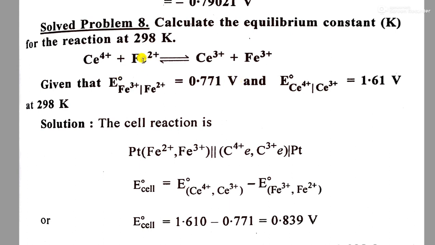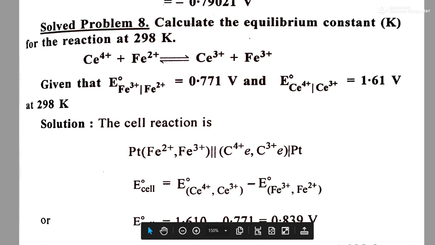But in the actual reaction, this Fe2 plus is being converted to Fe3 plus, so you should remember that for substituting in the question, you have to take the negative of this value. And you also see that in the question, E0 of the reduction potential of Ce4 plus to Ce3 plus conversion is given as 1.61 volt.